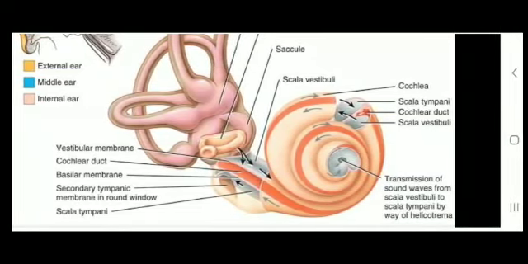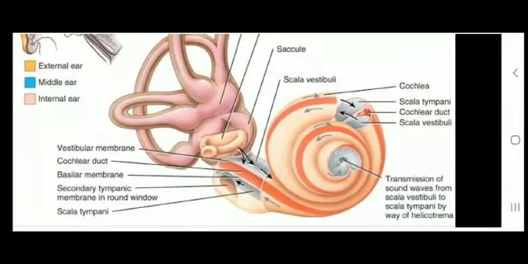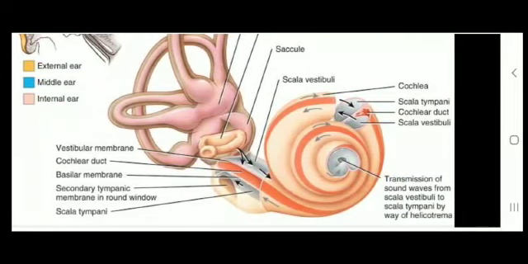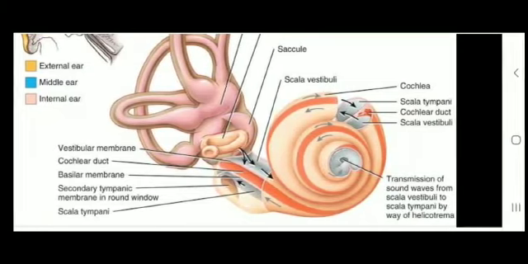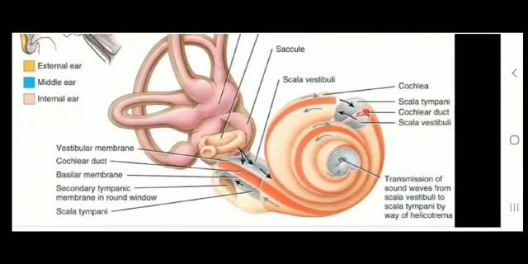So the inner ear is divided into the vestibular apparatus and the auditory apparatus. The function of the vestibular apparatus is mainly for the mechanism of equilibrium, whereas the auditory apparatus or the cochlea is mainly responsible for hearing.